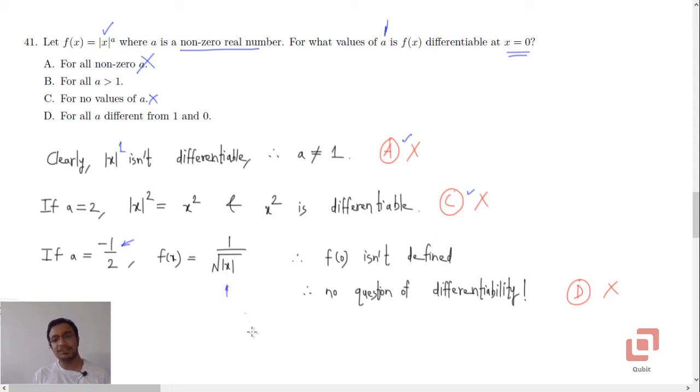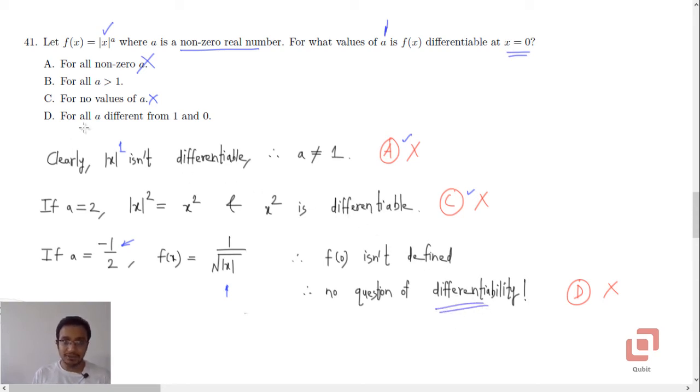We very well know that reciprocal means raised to minus 1 and root means raised to 1 upon 2. Now is f of 0 even defined here? No, it is not. And if f of 0 is not defined, no question of differentiability arises. It is definitely not continuous and therefore not differentiable there.